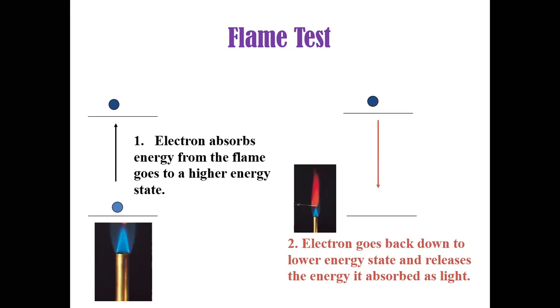So if the wavelength is shorter, the color would be like purple or lavender, violet or blue. If the wavelength is longer, it could be orange, red. Like here, if we talk about lithium, we can see the red color. That means it is producing electromagnetic radiation having a longer wavelength, and longer wavelength means weaker energy, so low energy.